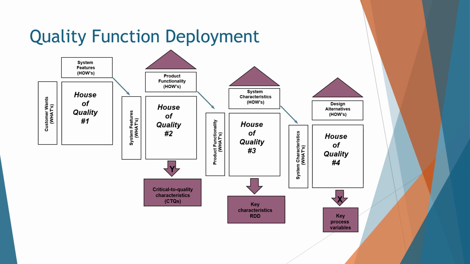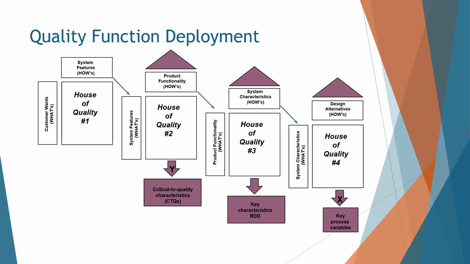So let's look at this. You got the customer wants, the system features, the product functionality, and the system characteristics. This is all just one tool. And there are courses specifically focused on mastering how to create a quality function deployment.